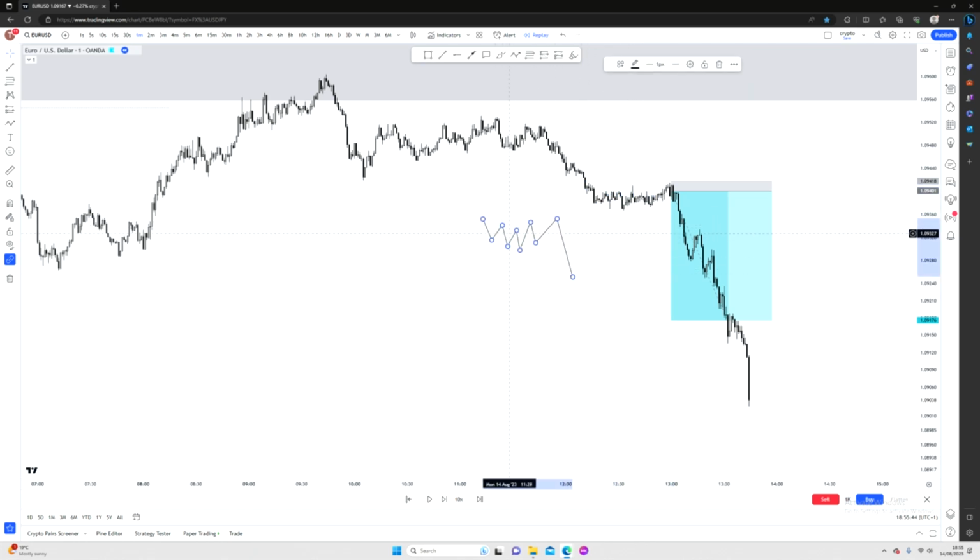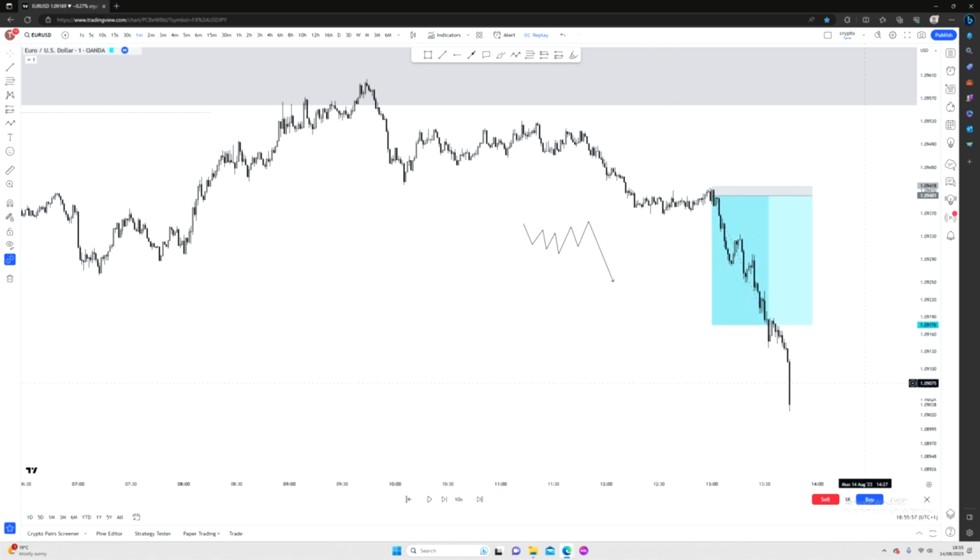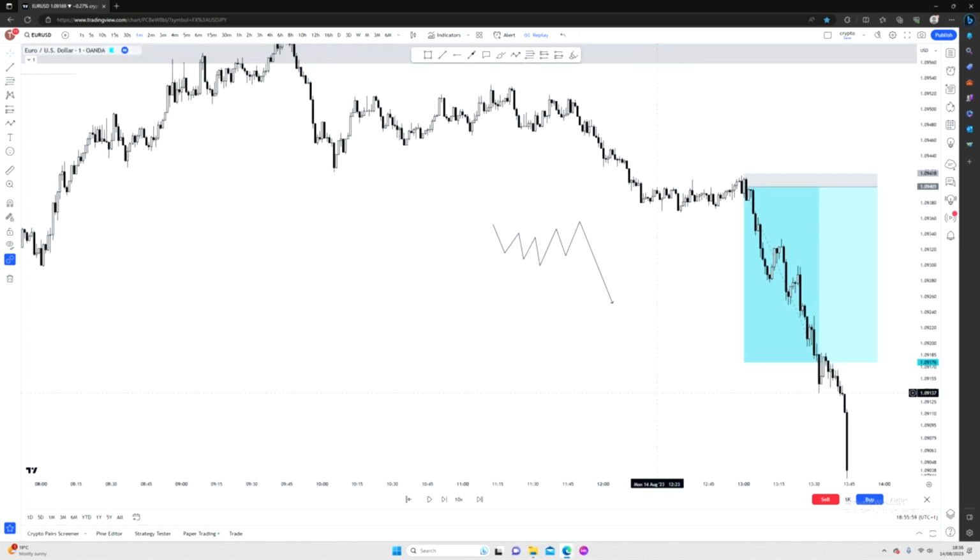This is your Wyckoff schematic. It is a masterpiece, and for those who are not familiar with Wyckoff, it was created over 100 years ago by a geezer named Richard Wyckoff. He is a legend. Love that guy. I suggest you do your research onto it, because it's an amazing strategy.